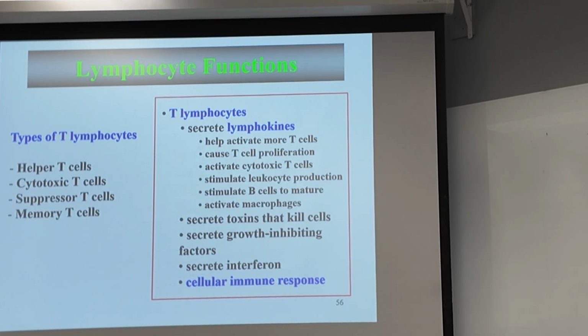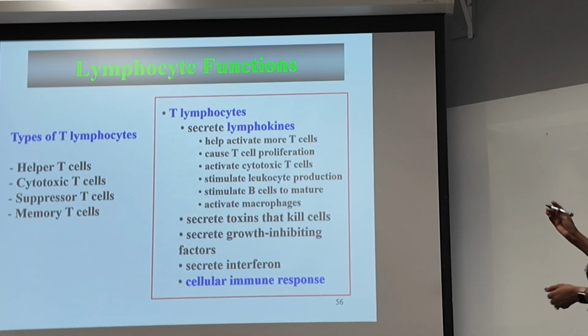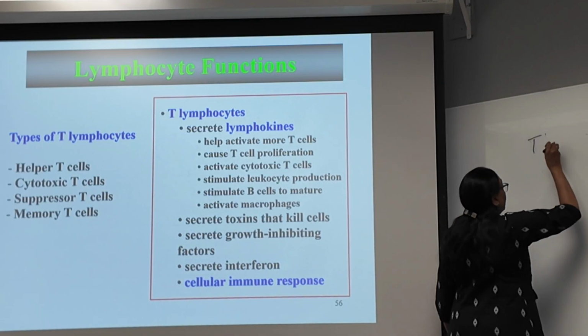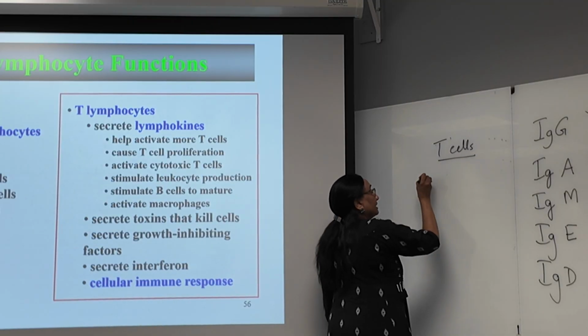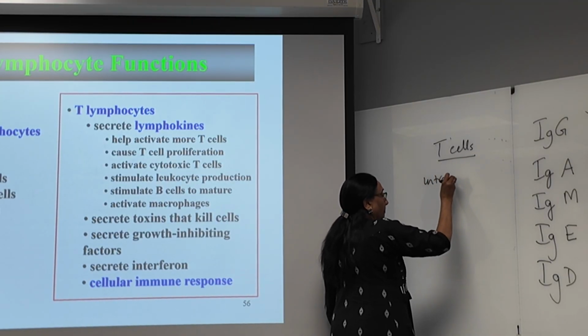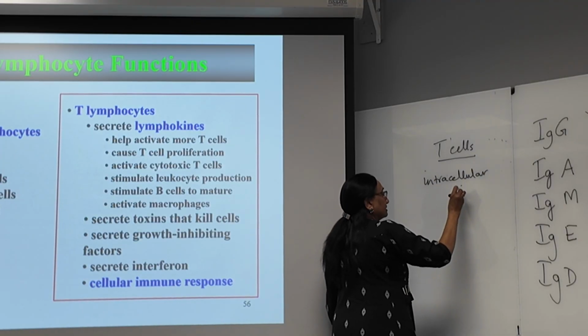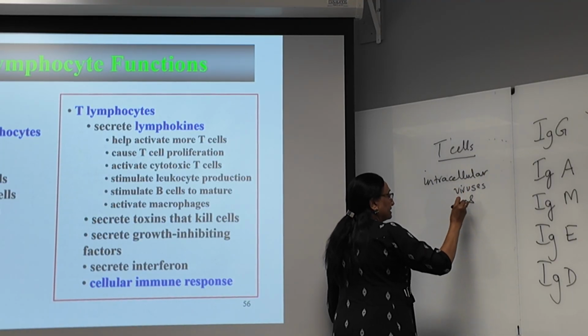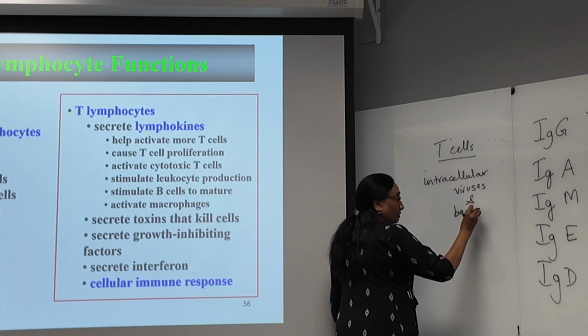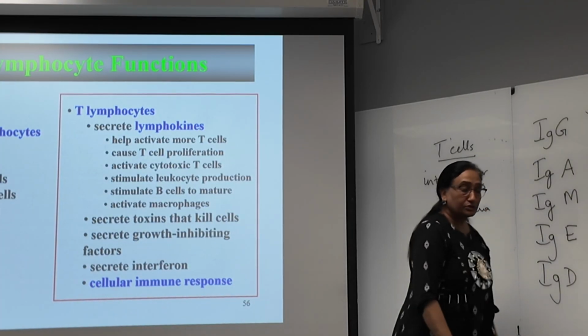So they do not take care of the extracellular circulating pathogens. They are more geared towards intracellular viruses and bacteria. There are some bacteria that also are intracellular. Okay, they go into the cell.